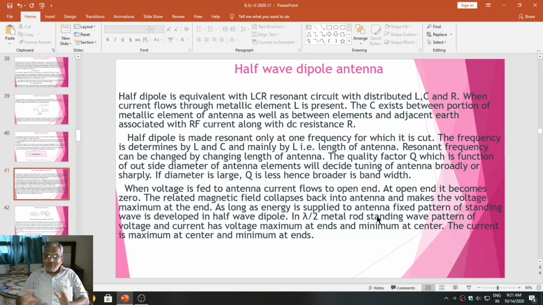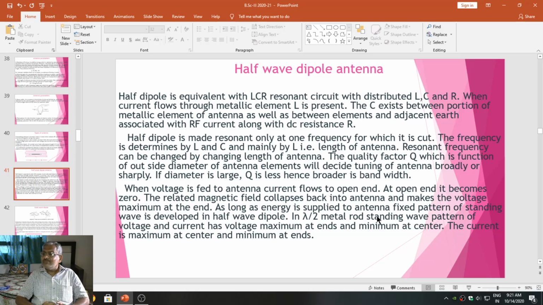Means at both the open ends, the current becomes zero. At the center, it becomes maximum. At the cost of the current becoming zero at both the ends, the related magnetic field collapses back into the antenna and makes the voltage maximum at the end.